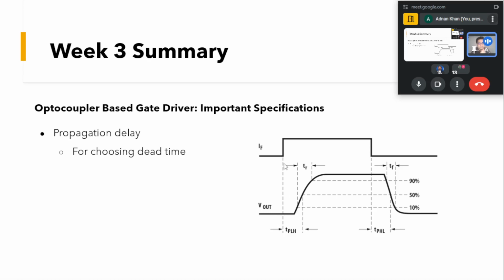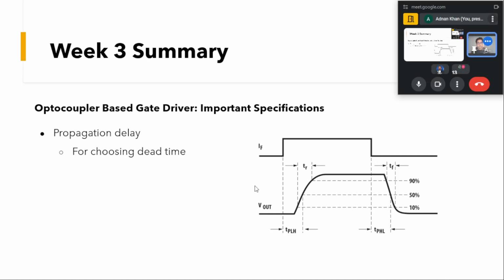After that it will take some time to rise the voltage from 0 to a particular level at the gate driver in order to drive the circuit. That is the rise time. After that only our switches will turn on. In similar fashion, at turn off time as well, we'll have some delay.